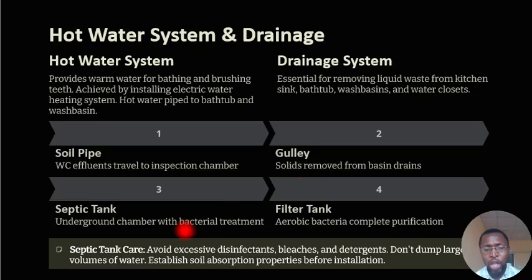This is an underground chamber with bacterial treatment. The septic tank is what we call our soakaway. Okay, so it's always underground where all our feces go to after we use the restroom. And we have the filter tank as well. This uses aerobic bacteria for complete purification.